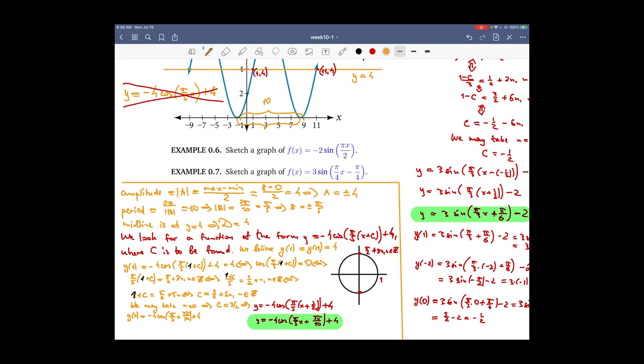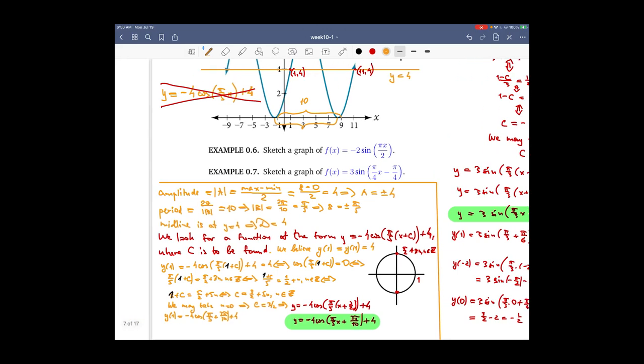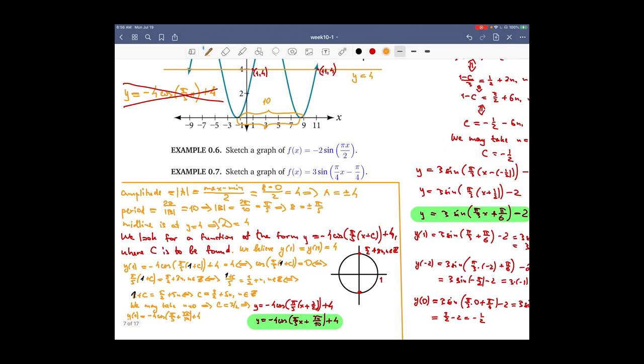What is pi over 5 plus 3 pi over 10? Well, pi over 5 is 2 pi over 10. So 2 pi over 10 plus 3 pi over 10 is 5 pi over 10, and this simply is pi over 2. Cosine of pi over 2 is 0. And we indeed get 4.